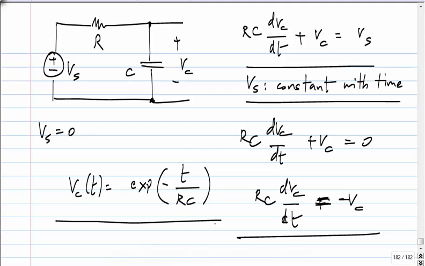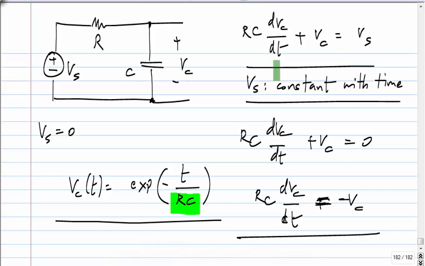So essentially, the solution to a first order differential equation will be of the form exponential of minus t divided by some number that depends on the circuit. What is the dimension of this quantity? Time, obviously, because the argument of the exponential should be dimensionless, so that has to be time.